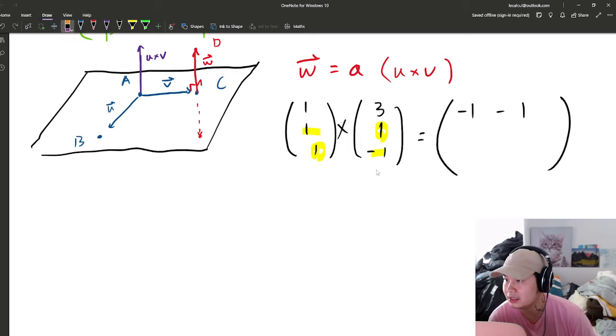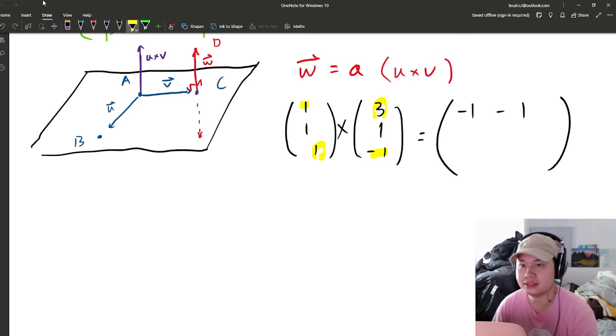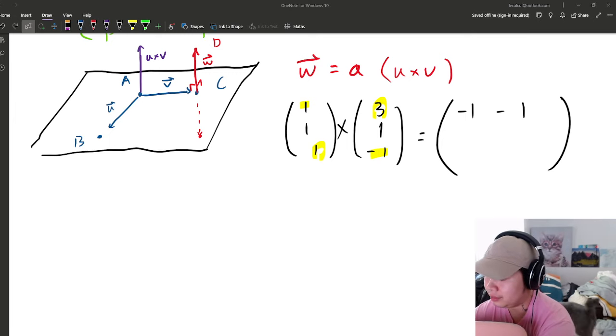So it's that one. And then for the second component, I think it's this one. Is it this one times this one, minus this one times this one? 50-50 chance. Okay. Time to Google IB math formula booklet.